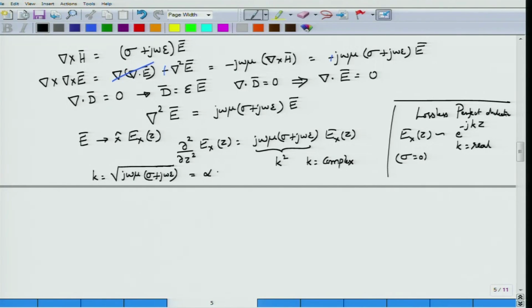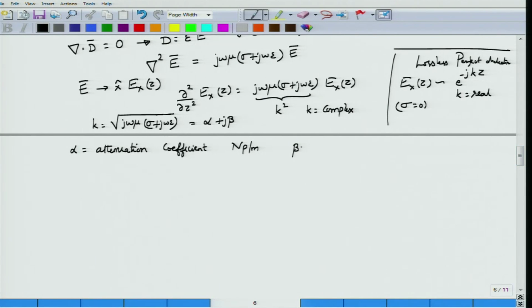This complex number is usually split and written as alpha plus j beta, where we call alpha the attenuation constant or attenuation coefficient, usually measured in Nepers per meter. We call beta the phase constant, and this is usually measured in radians per meter.